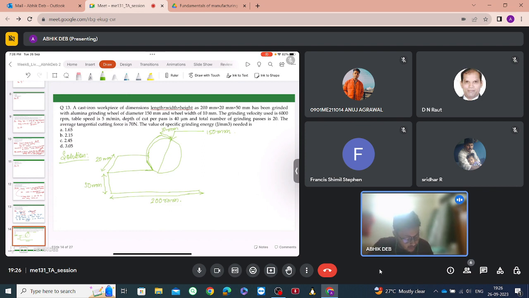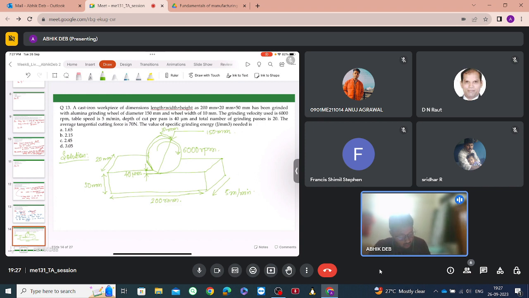Now the grinding wheel velocity is 6000 revolutions per minute. The table speed is 5 meters per minute. The depth of cut per pass is 40 micrometer and the total number of grinding passes used is 20.